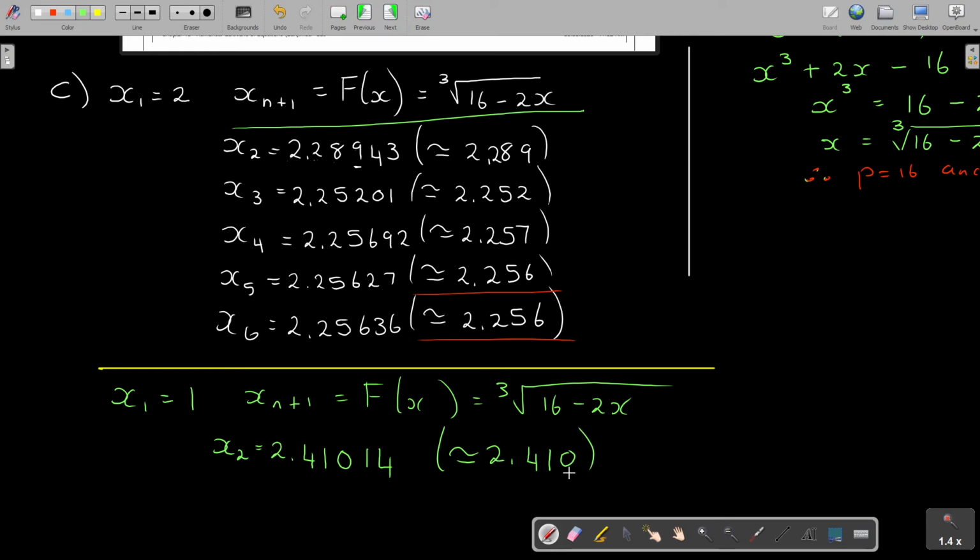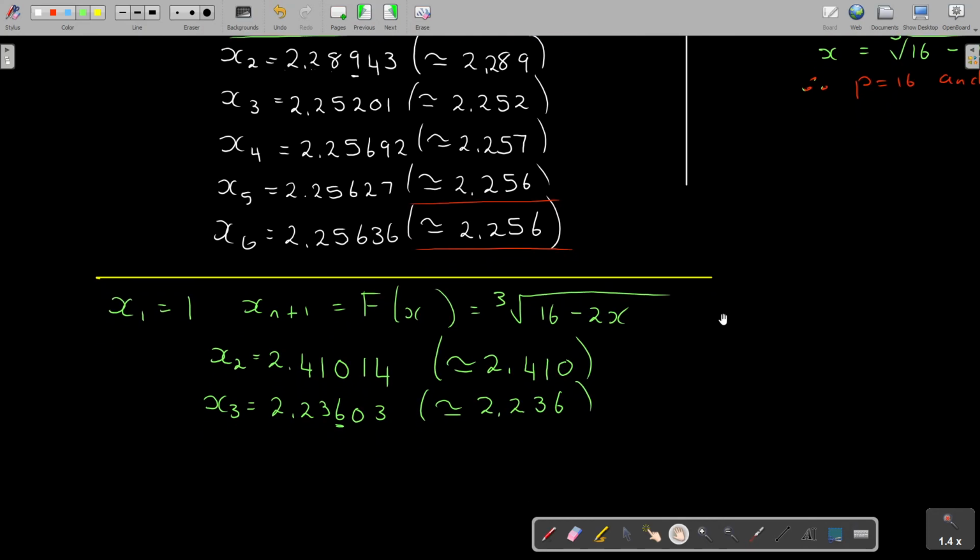Okay, equals, and here it becomes 2.23603, and if I approximate it, it's 2.236.